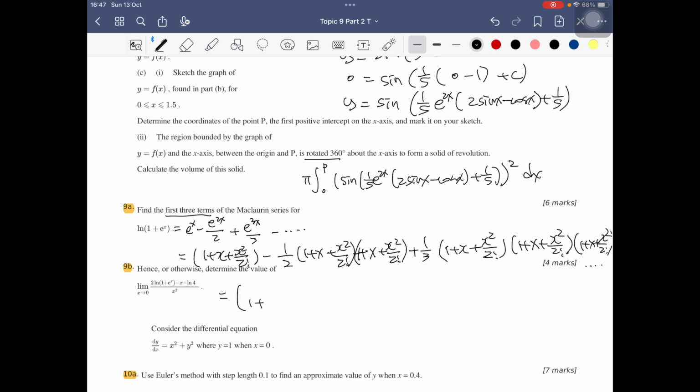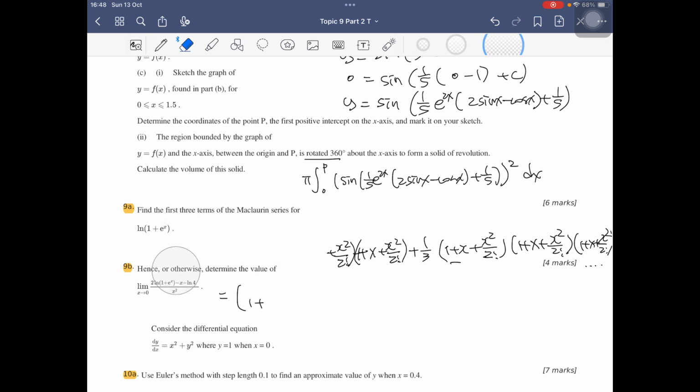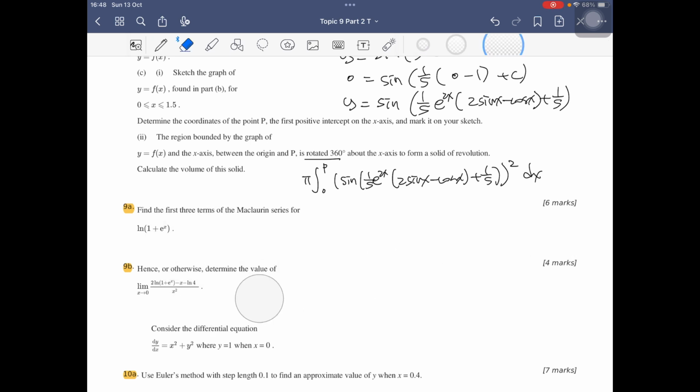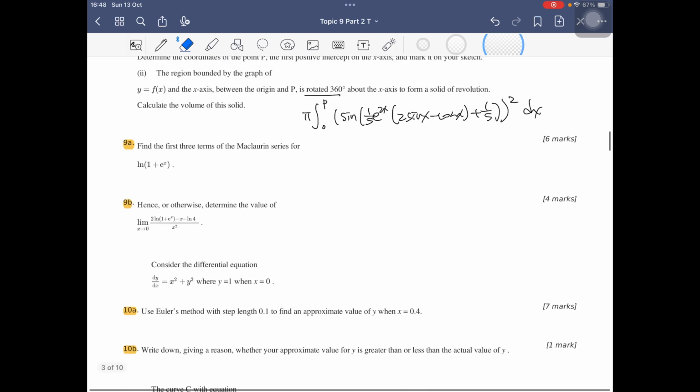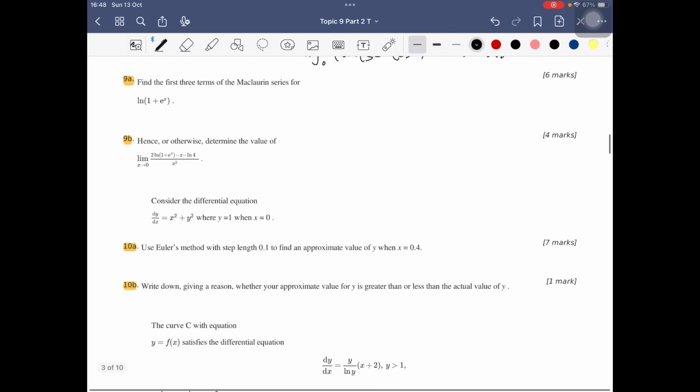I think we cannot do it like this, because even after these terms, we still have a constant term. So this is not a very good way to find the Maclaurin series. Actually, there is another way to find it from the given formulas, but let's not do that. Let's just go to the derivative.